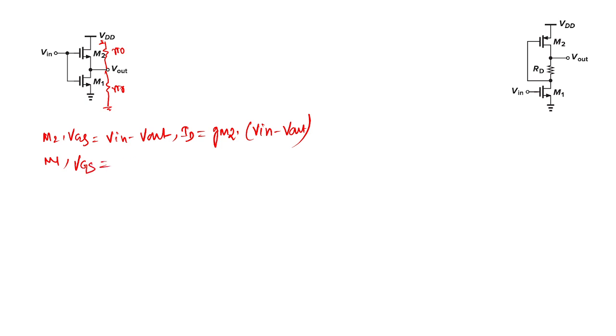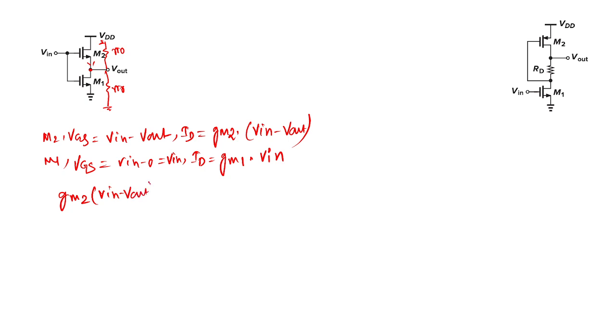It's Vin minus 0, so Vin. So what is the value of the ID? GM1 into Vin. Now just apply KCL here. So what is the incoming current in this node? GM2 times Vin minus Vout.